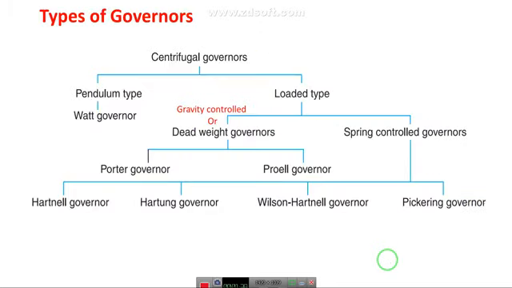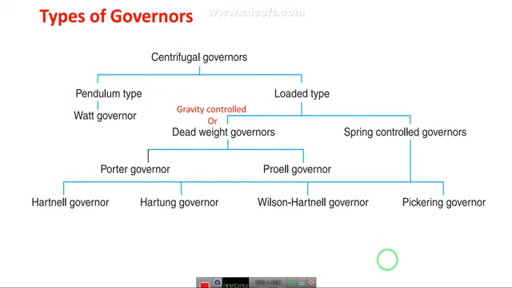The governors are classified as centrifugal governors, which are classified into two types: one is the pendulum type and another is the loaded type. The pendulum type is the Watt governor. The loaded type is again classified as the dead weight governor, or gravity controlled governor, and the other is the spring controlled governor.